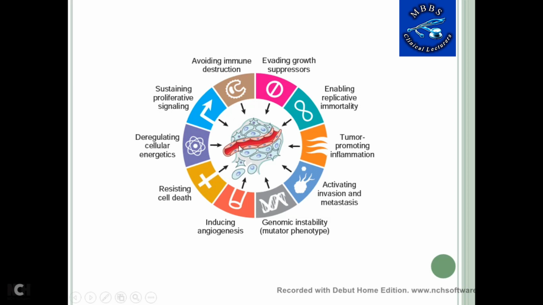So the only way to gain all the nutrients is the blood vessel that will be providing it the nutrition and the metabolism that they require. So they form their own blood vessels, and this is known as angiogenesis. They also resist cell death, and we all know that there are metabolic pathways which are activated only specifically for these cancer cells.